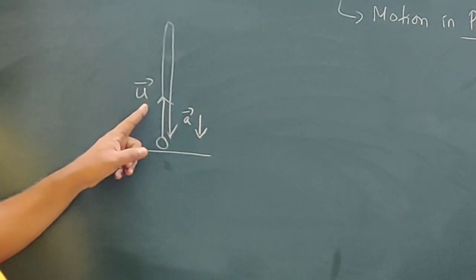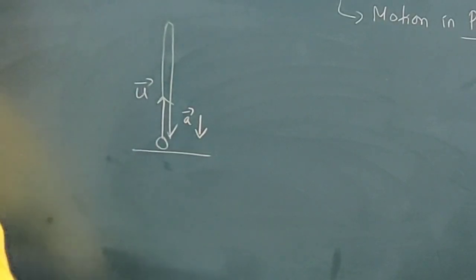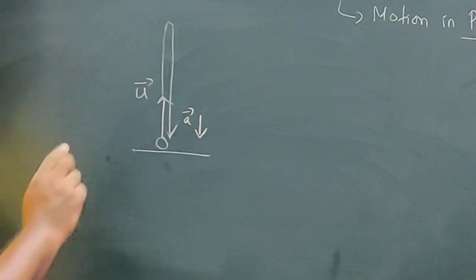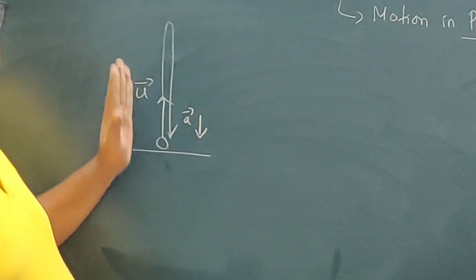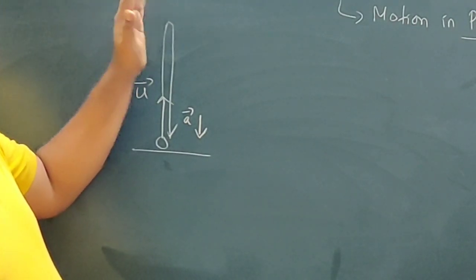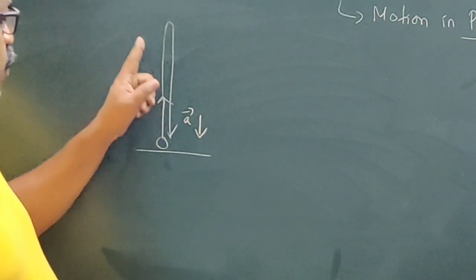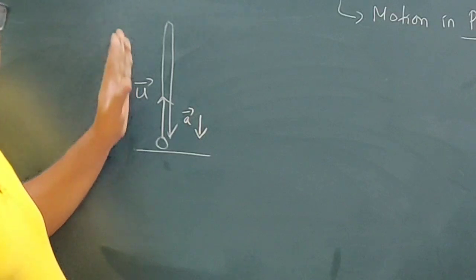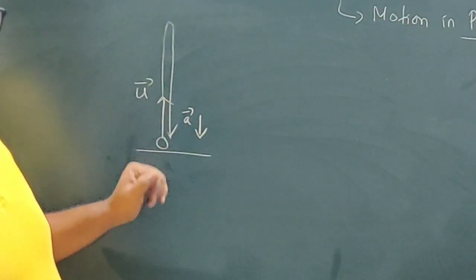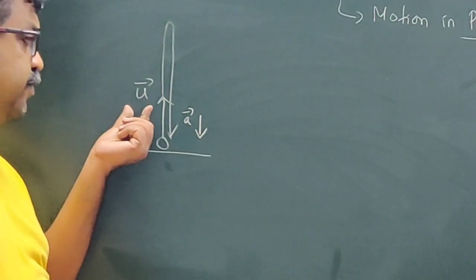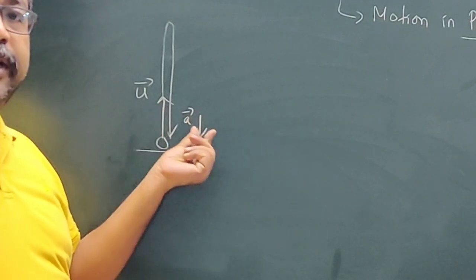Now in this case, while going upward, velocity is in the upward direction and acceleration is in the downward direction. So what is the angle between the velocity vector and acceleration?